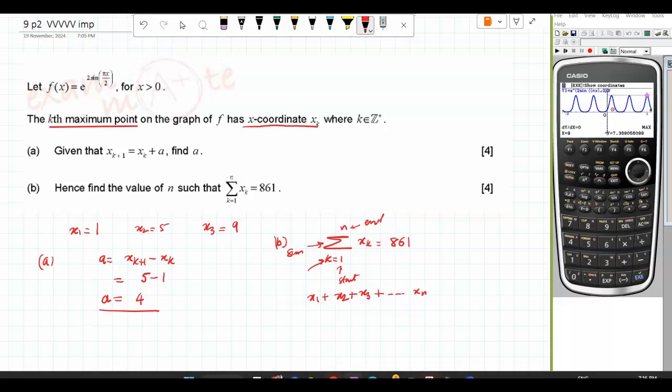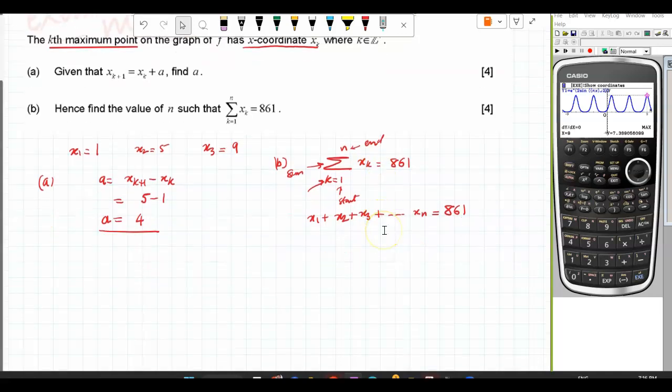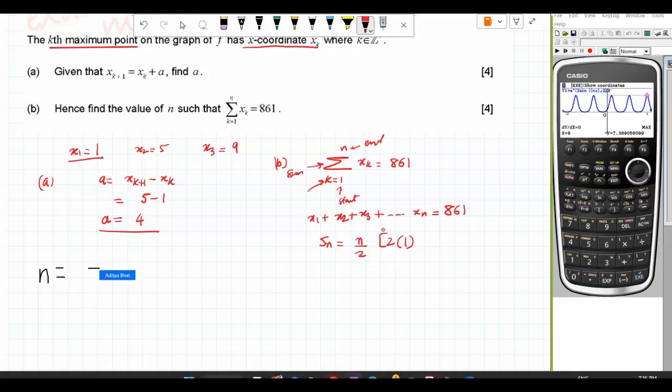And the last value xn is equal to 861. Basically this is the sum of n terms. So the sum of n terms is equal to n over 2, 2u1, where u1 is x1, that's 1. Yeah, this is my 2u1, correct? Plus n minus 1 into d. What's your d? D is the common difference, which is 4.